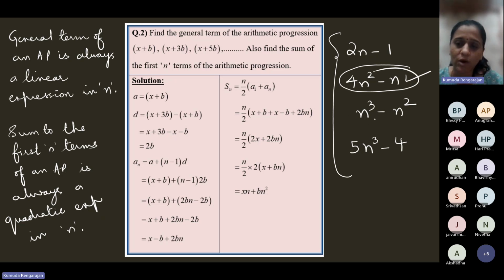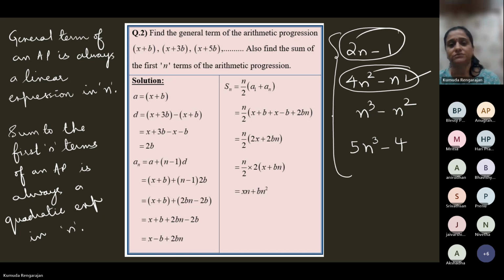Again, from the same options, if you have to select the expression that can represent the general term of an AP, the general term of an AP is always a linear expression in n. So 2n minus 1, this one can represent the general term of an AP.